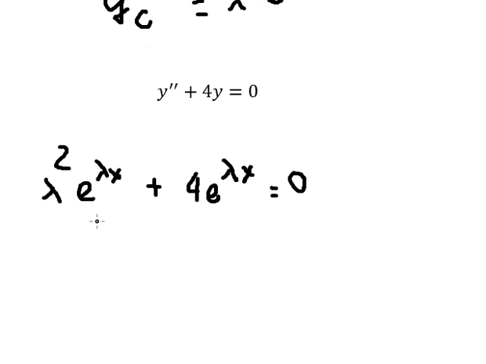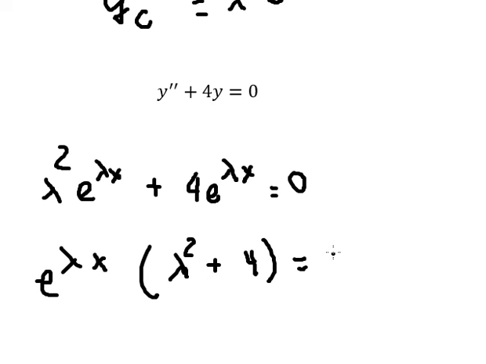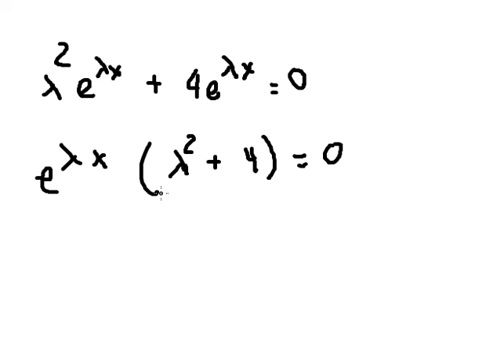Now we do a factorization of e to the power of lambda s, and we have lambda squared plus 4. Now we need to find the solutions of this one.